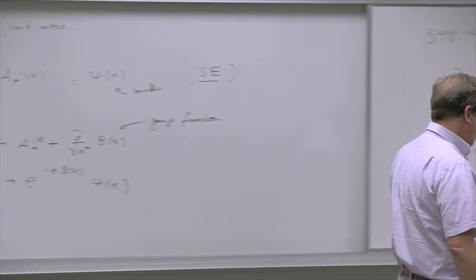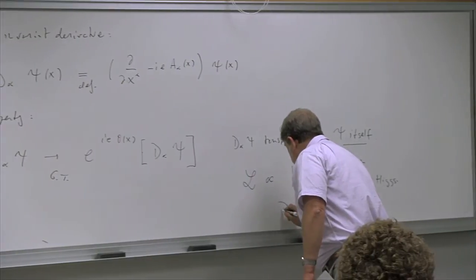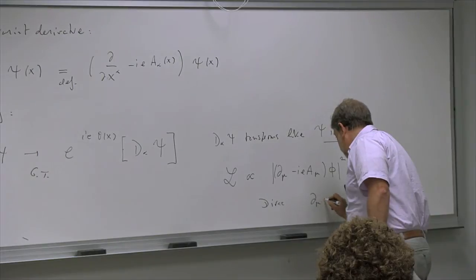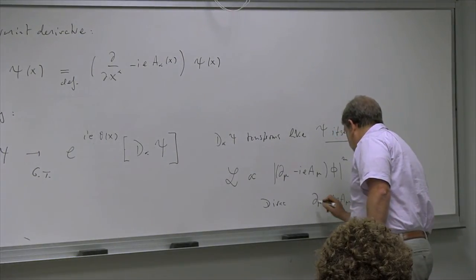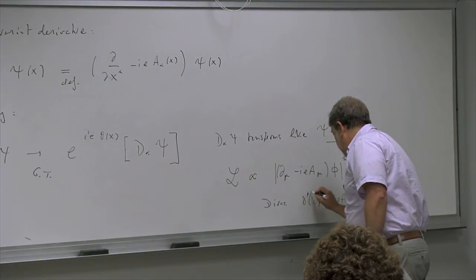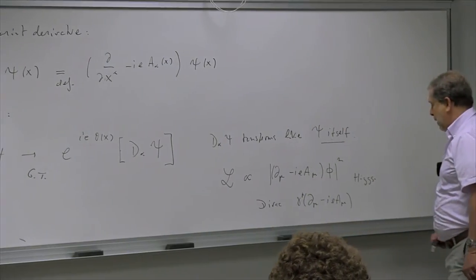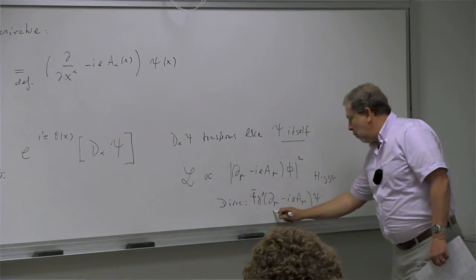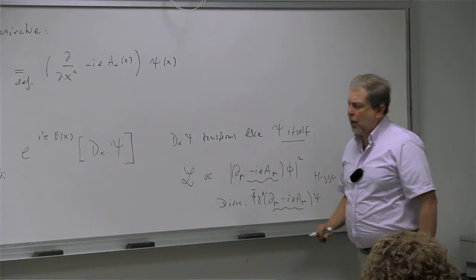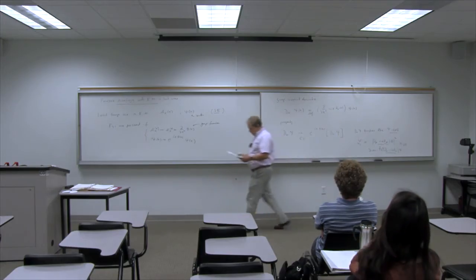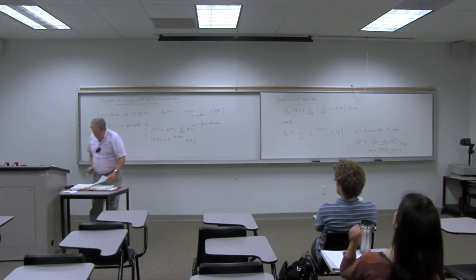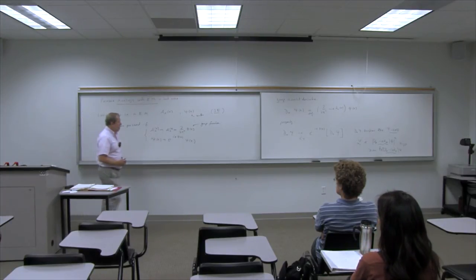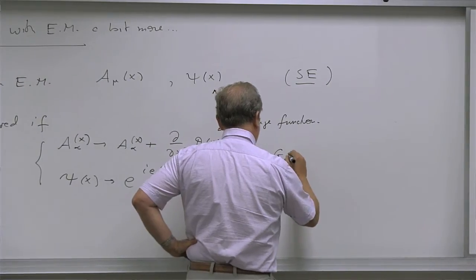And for the Dirac field, the same story applies. If you have the Dirac equation, you will still use d mu minus I e A mu, and in that case you will multiply it by a gamma matrix, and then you will have a psi and a psi bar. So it is always this combination that ensures that you have something that is gauge invariant. So this recipe that works so well in electromagnetism ensures that you have gauge invariance everywhere.